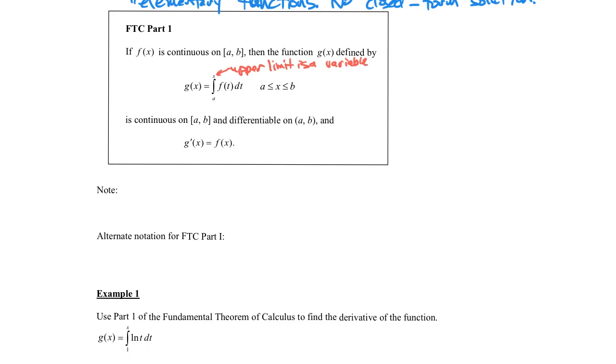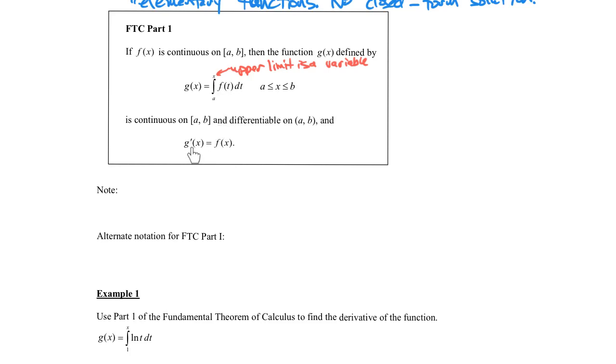And so if this function is continuous on the closed interval and differentiable on the open interval, which just means it doesn't have to be differentiable at the endpoints, then if you take the derivative of g of x, you get this function evaluated at the upper limit.